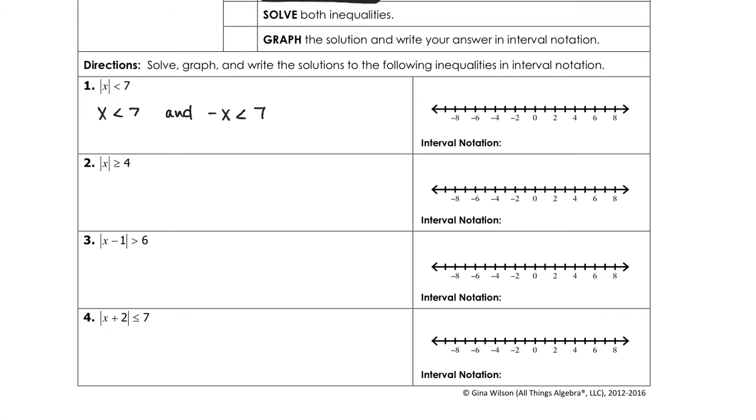The first one is solved naturally. For the second one, we have to divide by -1. Just remember, when you divide by a negative, you've got to flip that inequality. So X is going to be greater than -7.